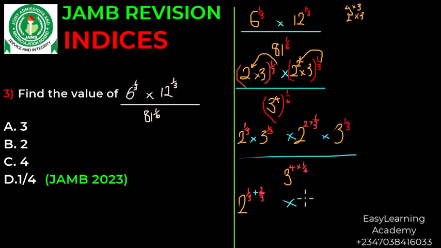So let's group the 3s, and considering their power, the first 3 here is 1 over 3. And since it is multiplication, we add the powers. The next one is still 1 over 3. So we bring our plus sign, and of course we still add it up as 1 over 3.